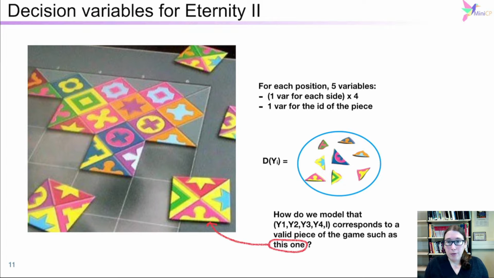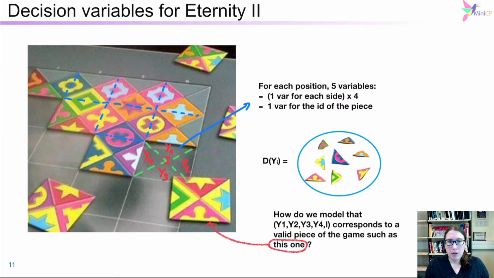For this, we will have one variable for each of the colors, because each tile has 4 colors, but also one for the ID of the piece that we will put on this tile of the board. So we will have Y1, Y2, Y3, and Y4, which will represent the colors, and I, which will be the ID of the piece that we will put there.